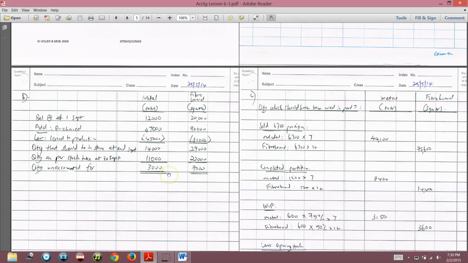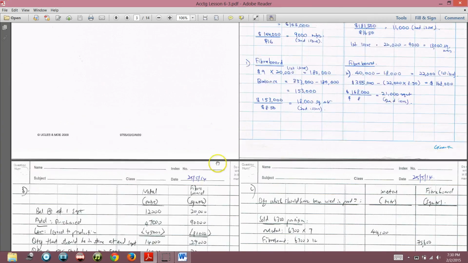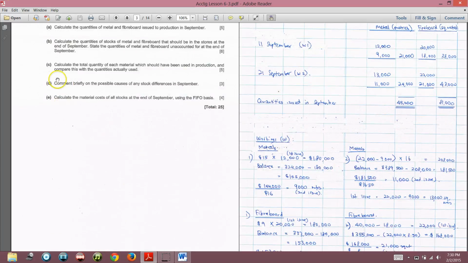The store manager could say that some of the stock is kept in that corner and was not counted on the day of the stock take, or whatever reason. He could say that on one day there was a theft and we actually lodged a police report, or something like that. So this quantity unaccounted for would be the responsibility of the store manager to explain to his boss. So now you look at part C.